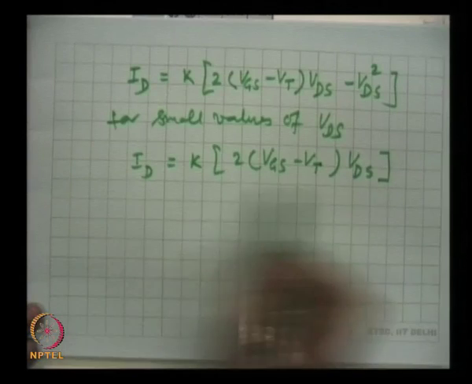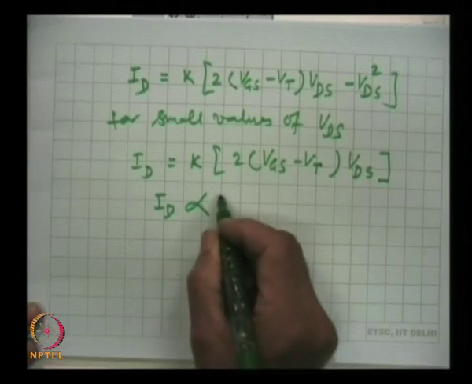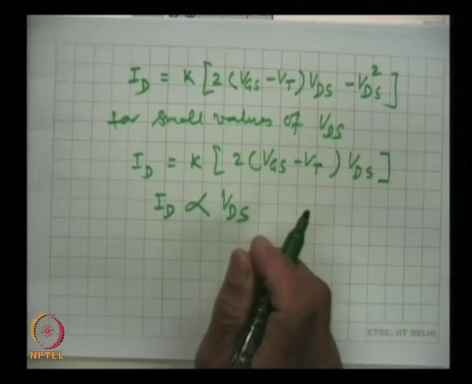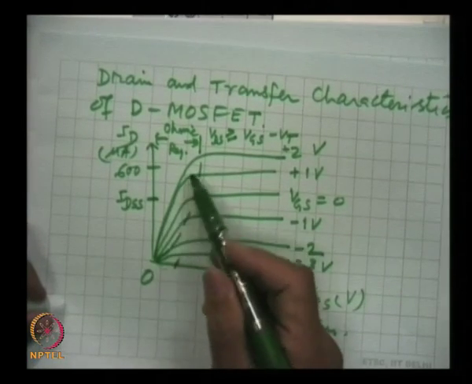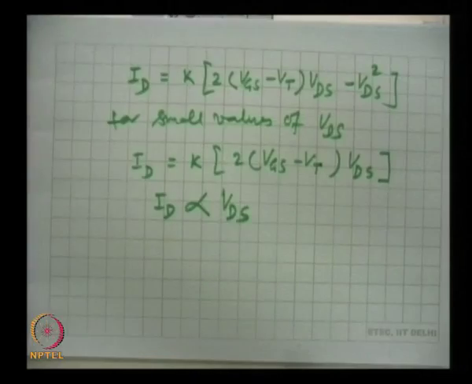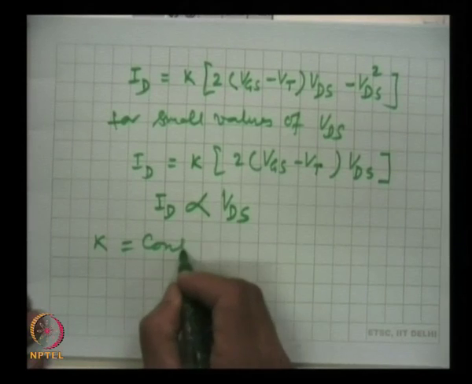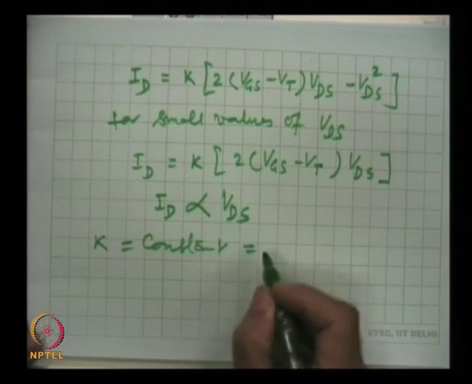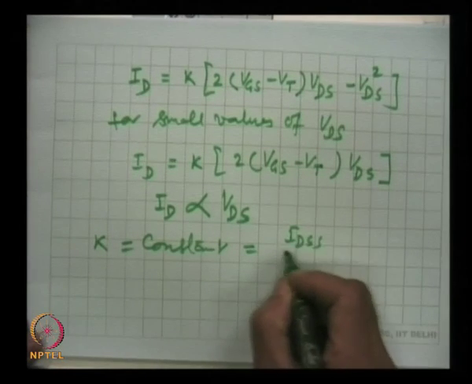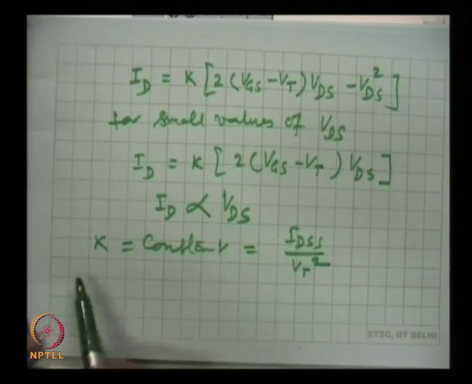This relation shows that current is proportional to VDS. This is what we observe here. The current is dependent on VDS and almost linearly it varies with VDS, and K is a device constant, equal to IDSS by VT square. This is the constant K.